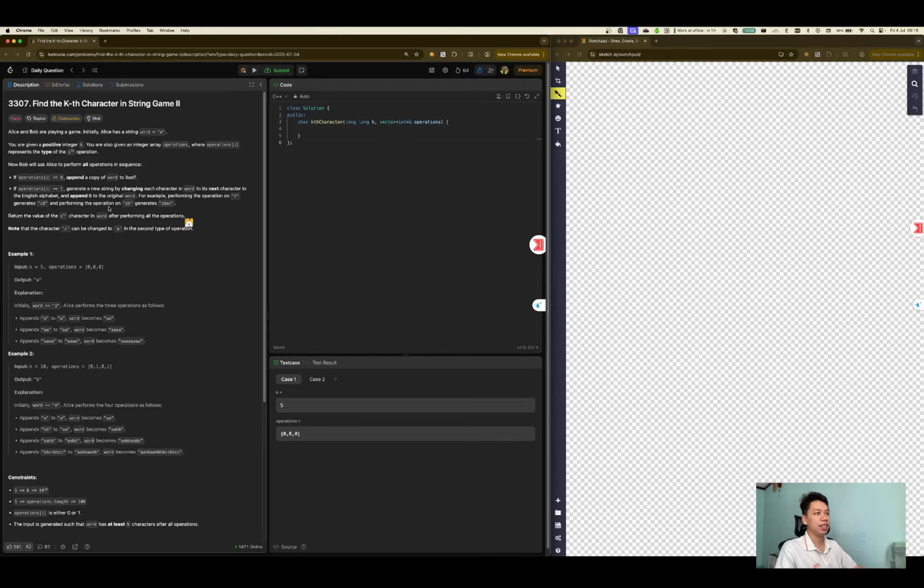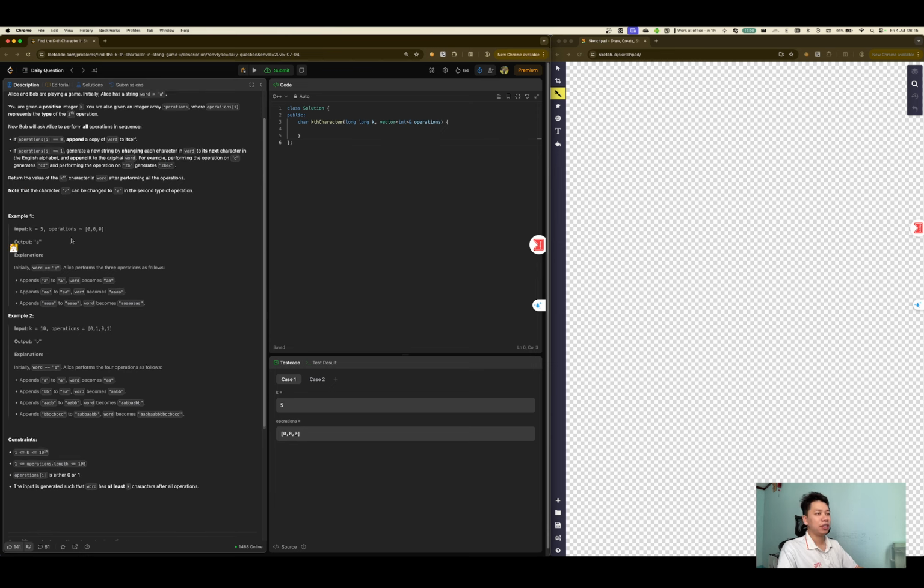Remember, C goes to D, Z goes to A, and B goes to C. Return the value of the k-th character in word after performing all the operations.